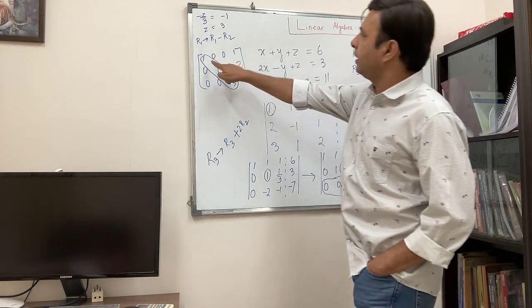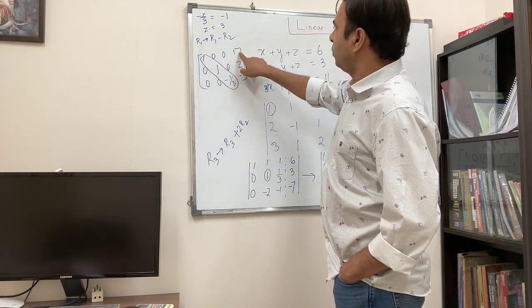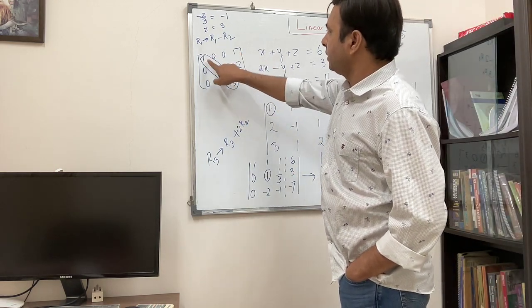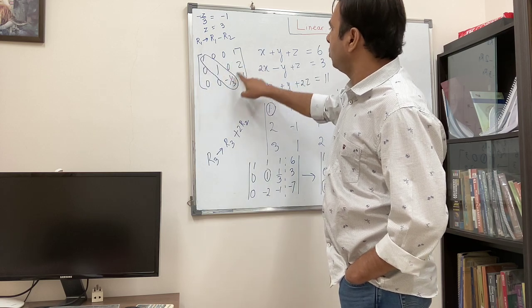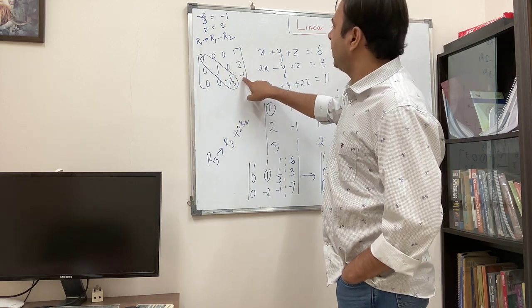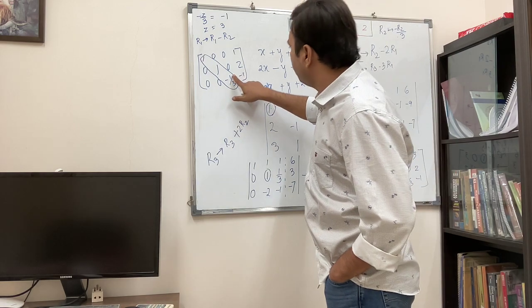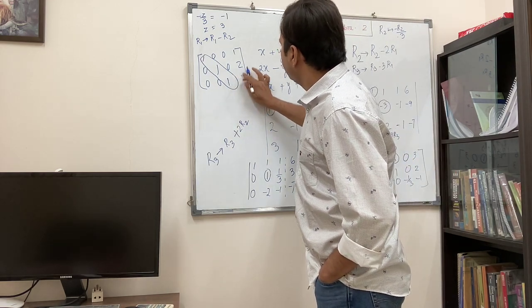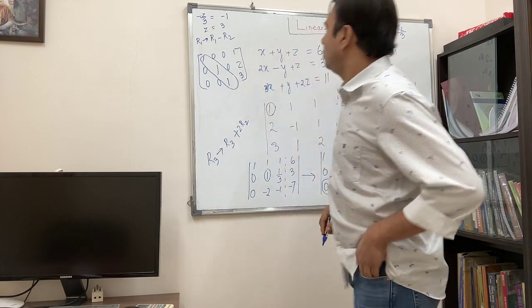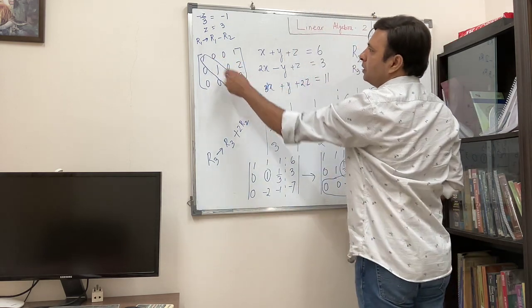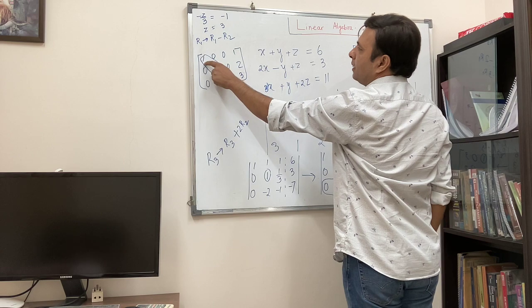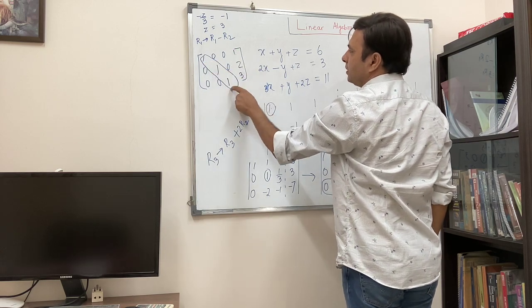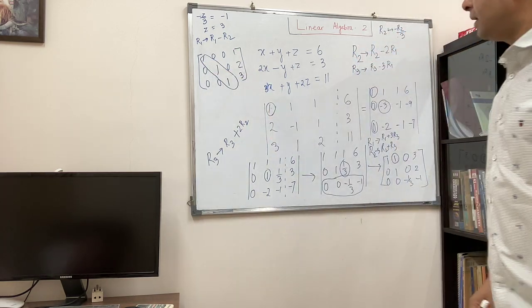So x is equal to 1, y is equal to 2, and minus z by 3 is minus 1, or if you multiply by minus 3 on both sides, it will become z equals 3. So once you have made it like this, you can directly read off the solution that x is this, y is this, and z is this. And that is what we started with.